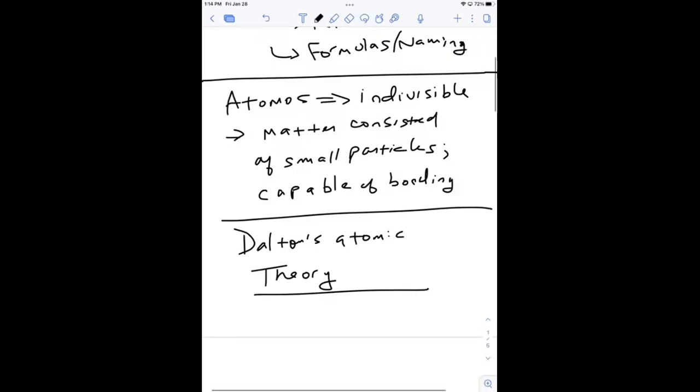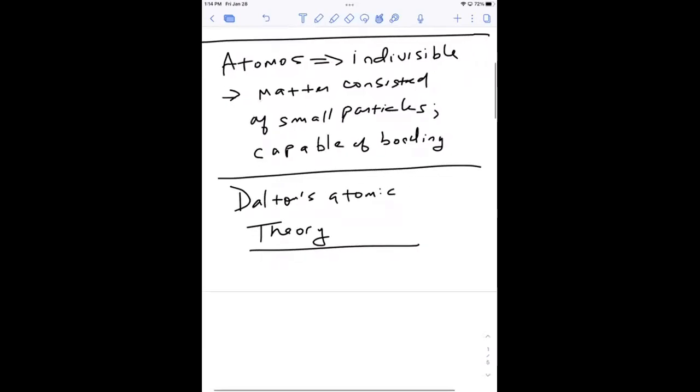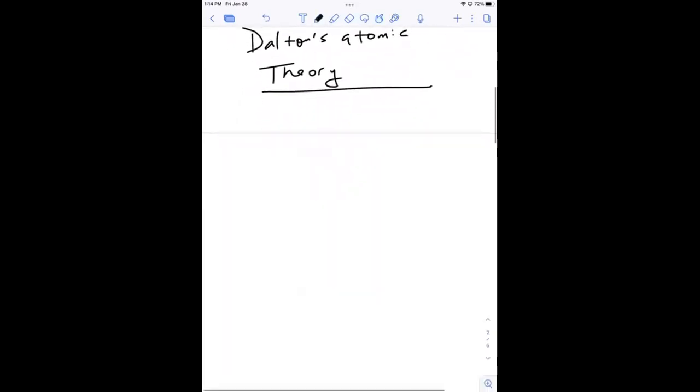It has 5 parts to it. One is this: matter is composed of atoms. It sounds repetitive, but he was actually able to show that atoms existed and also that atoms had components.